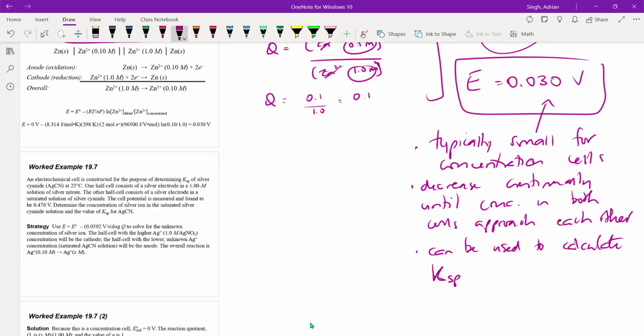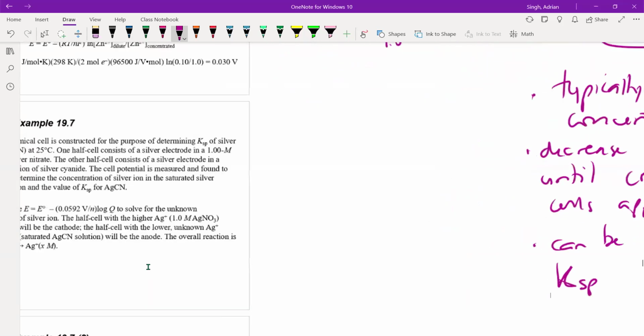Because the concentrations are so small, techniques like colorimetry or spectrophotometry are very difficult to use. In fact, the concentrations of those sparingly soluble salt ions are measured using these concentration cells. So let's take a look at an example of how that can be applied.